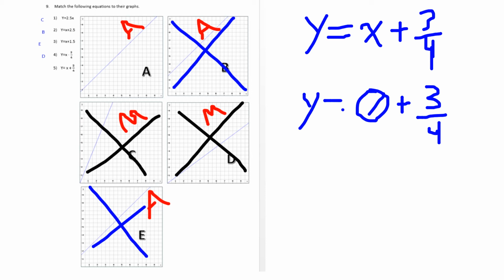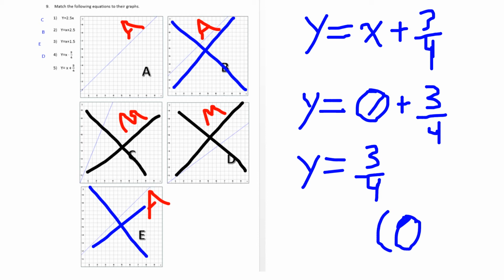Well, y is going to equal 0 plus 3/4. So y is equal to 3/4 when x is equal to 0. So if I were to make that a coordinate point, it would look like 0, 3/4. Don't forget, as a decimal, 3/4 would be 0.75.